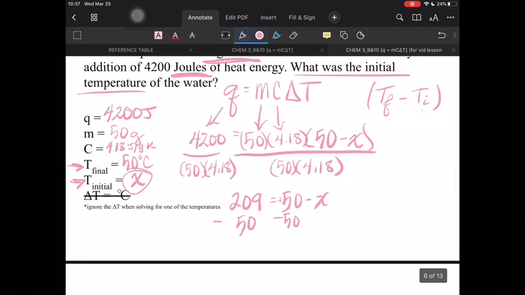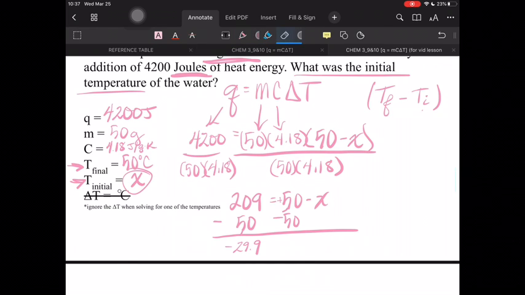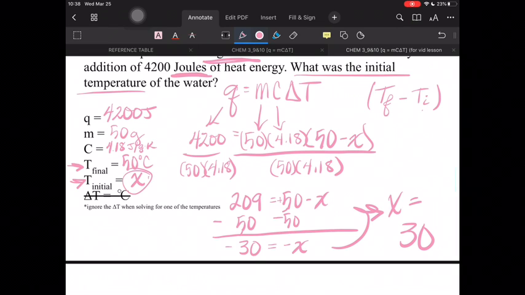Subtract 50 from both sides, and that will give you negative 29.9, let's just call it 30. Negative 30 equals negative X. So you could divide both sides by -1, or you can multiply it by -1. Either way, you're going to get X equals 30. 30 what? 30 degrees Celsius.